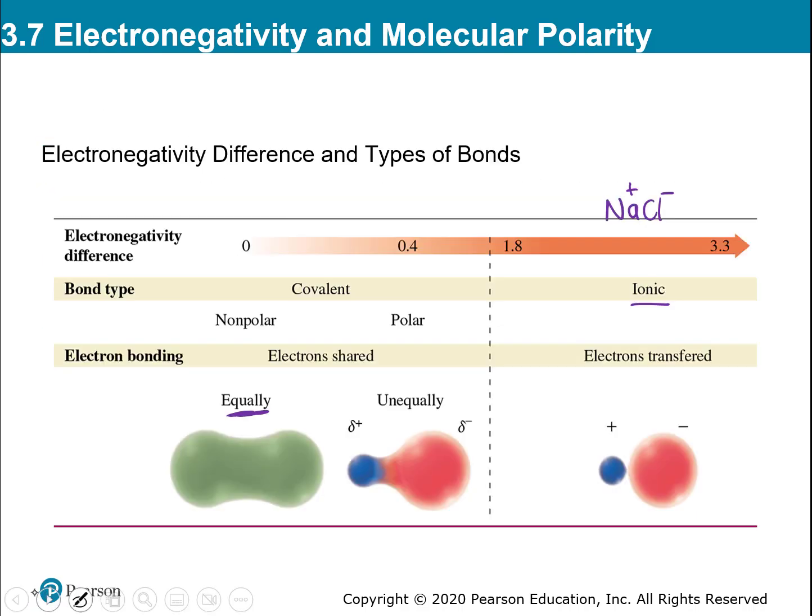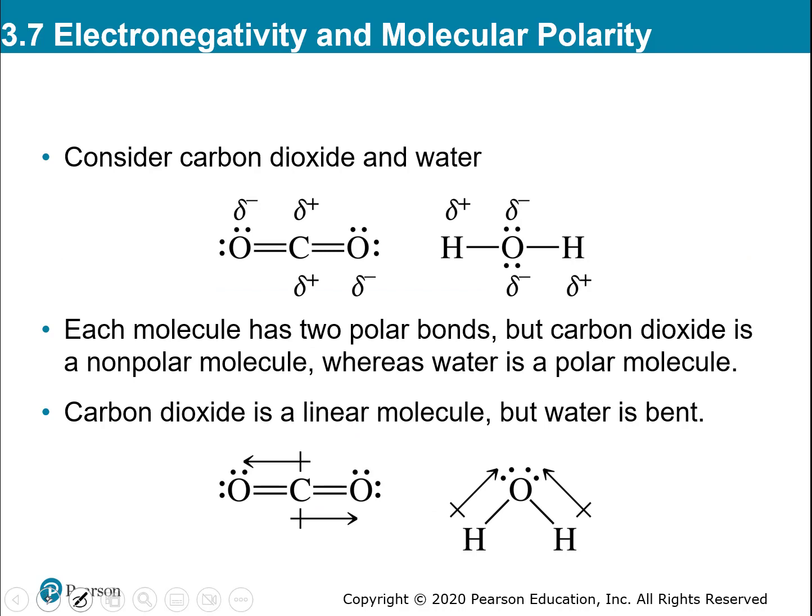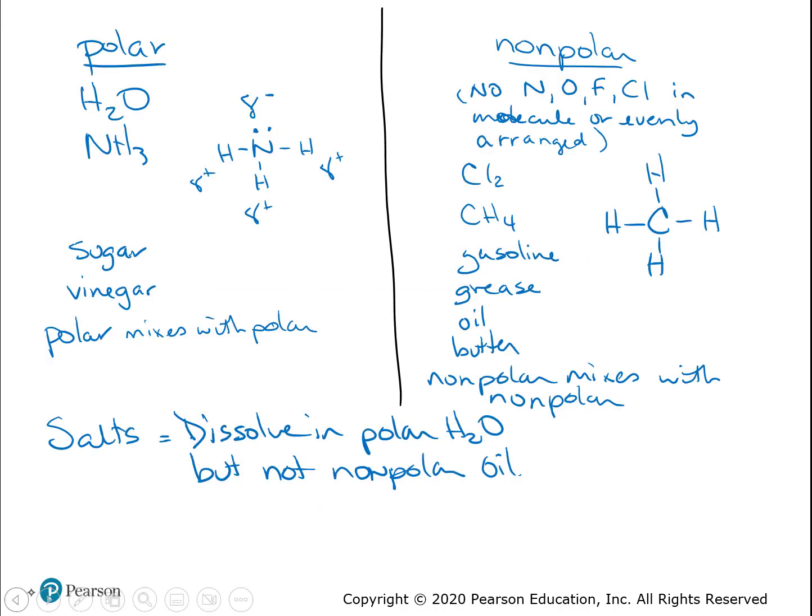So what is this application, and how is this interesting to think about? So one, polar molecules versus nonpolar molecules. When you think about covalent molecules, remember these are not salts, covalent molecules that share their electrons. The most polar molecule is water because it's really small and it has oxygen, which is very electronegative.